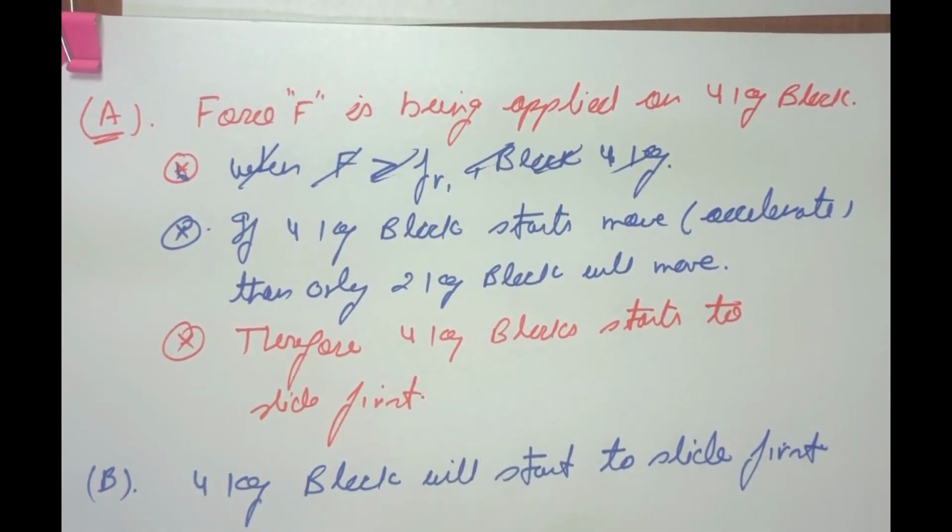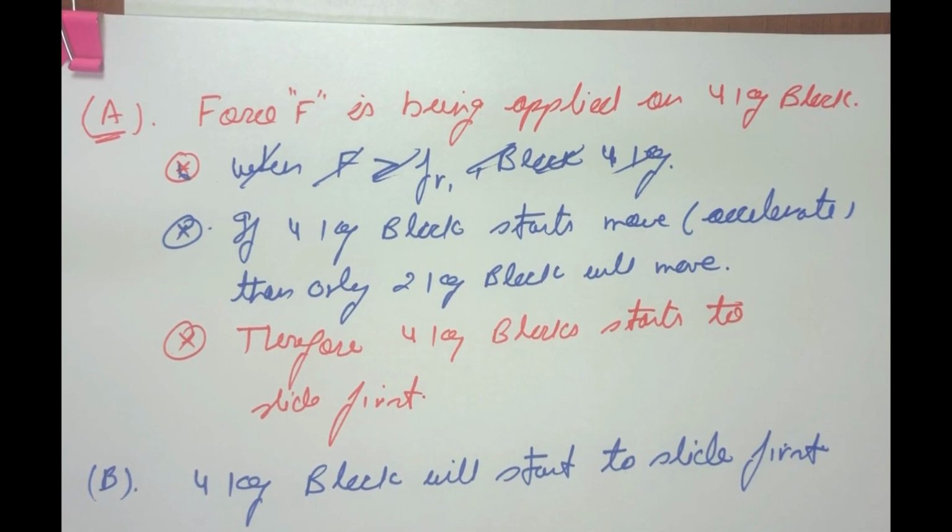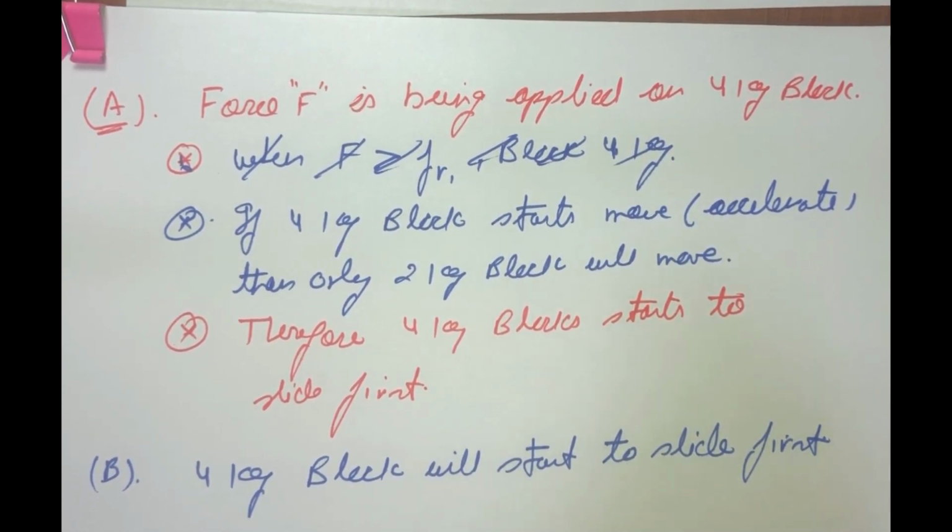And we are supposed to find out what will be the value of the force. Now the force of friction, or we can say the maximum force which will be acting, can only be 6 Newton for FR1.